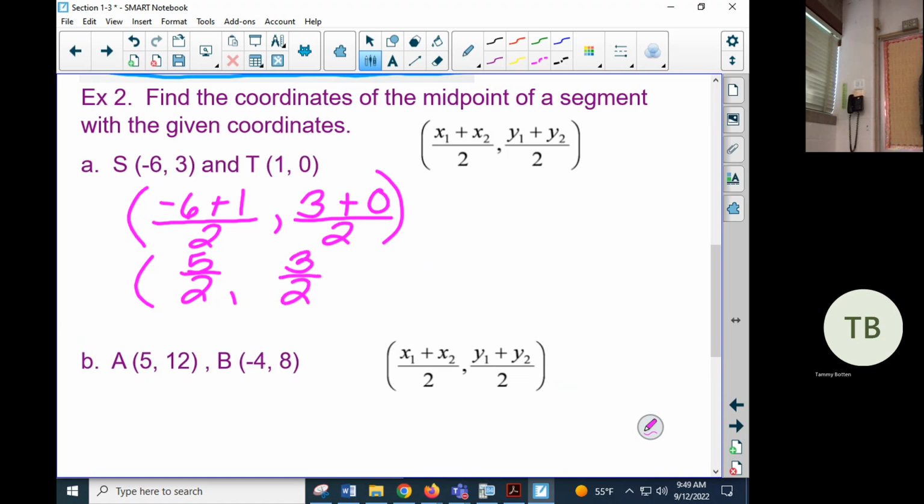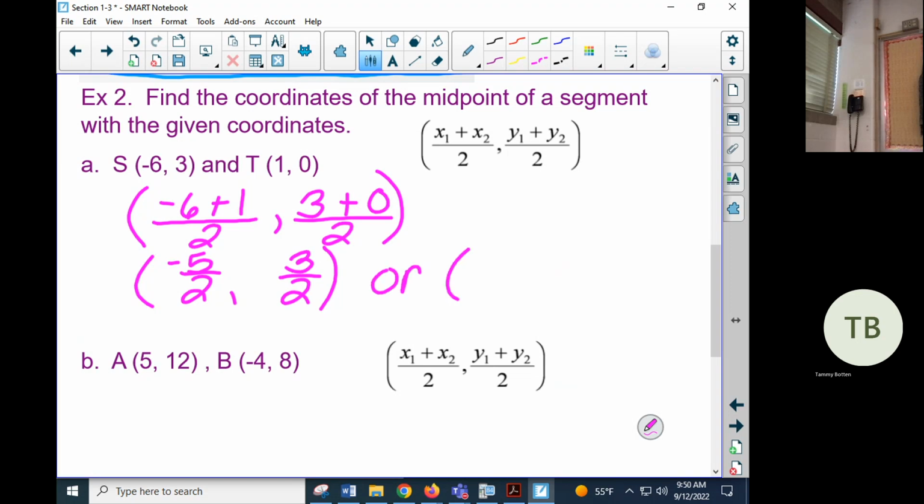Now, those are both reduced fractions, so it's okay to leave it like that. There's nothing wrong with that. If it was like 4 over 2, you'd have to simplify it. If it was like -4 over 12, if you can reduce the fraction, you have to.